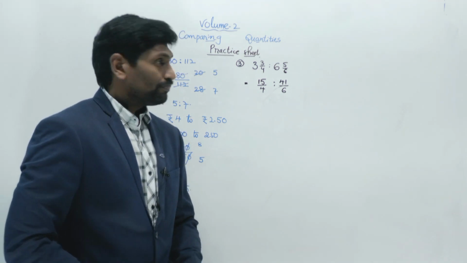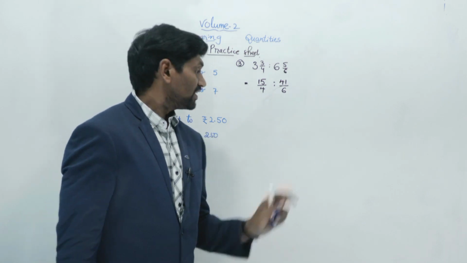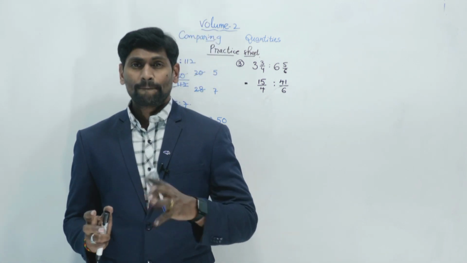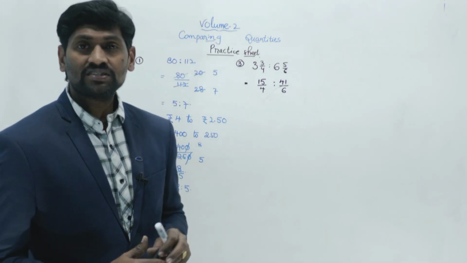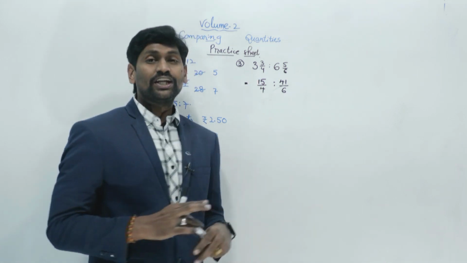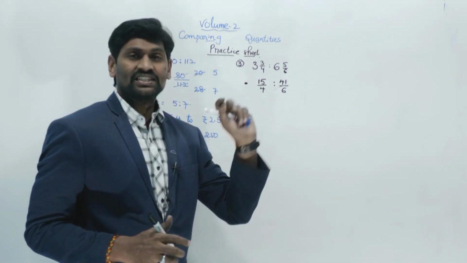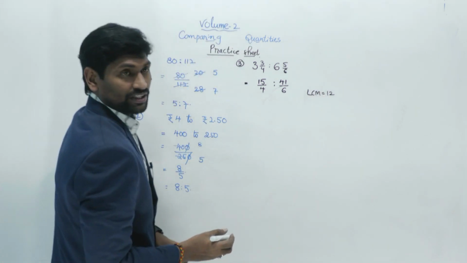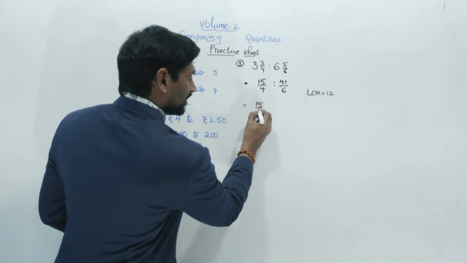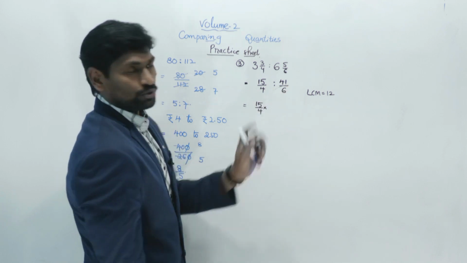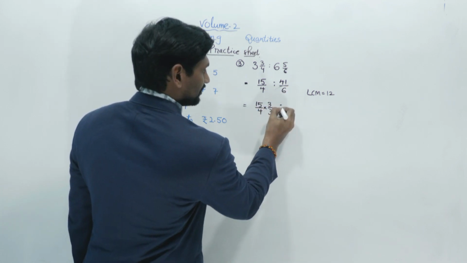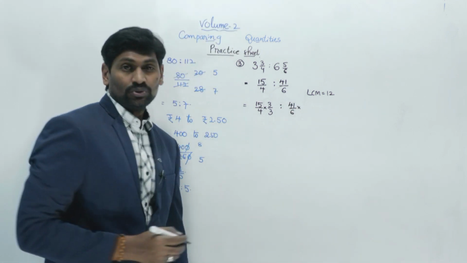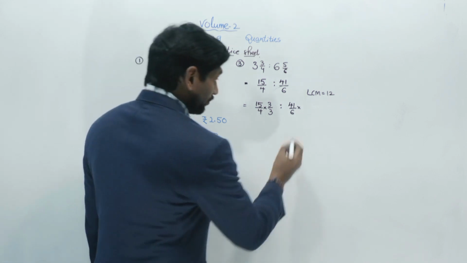Now, while you observe these two fractions, they have different denominators, so first try to convert them into the same denominator. That means identify the LCM of the denominators: 4 and 6 have LCM 12. For the first fraction, to make the denominator 4 into 12, I multiply by 3. For 41 by 6, to make the denominator 12, I multiply by 2.